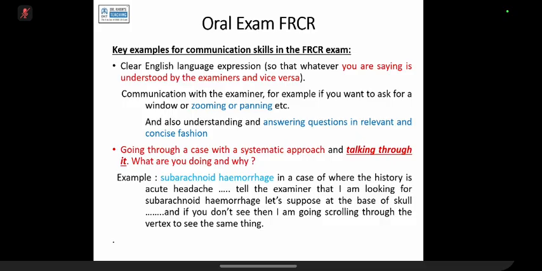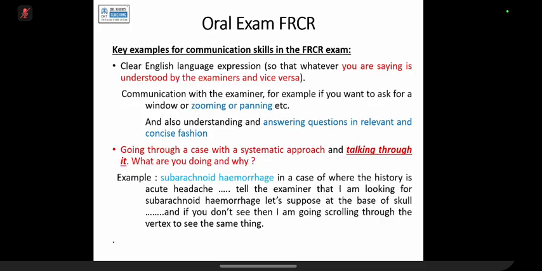If you want to ask, can I zoom it? Can I go to this window or that window? This is part of the communication. This is you speaking with them. And when the examiner asks you, you should understand it, and your answer should be concise and to the point.